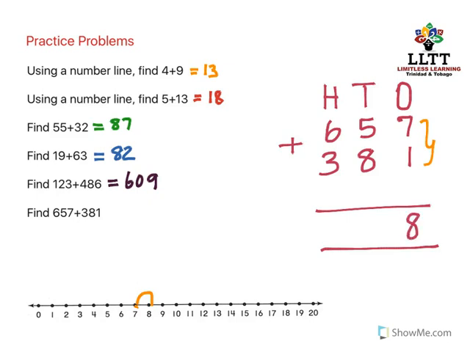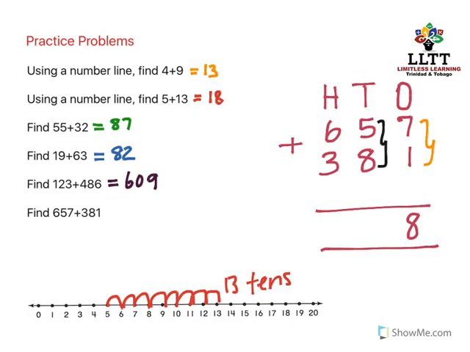Then next, I'm going to work on adding my tens. So I come to the tens section, that's 5 and 8. So I put a red dot at 5. And I'm going to move 8 spaces to the right. So that's 1, 2, 3, 4, 5, 6, 7, 8. That gives me 13, and that's 13 tens.